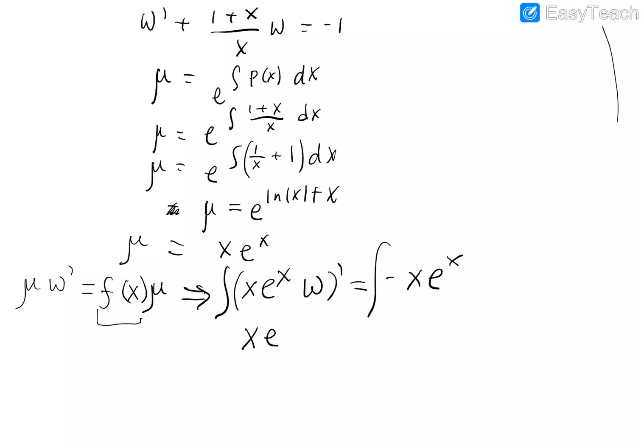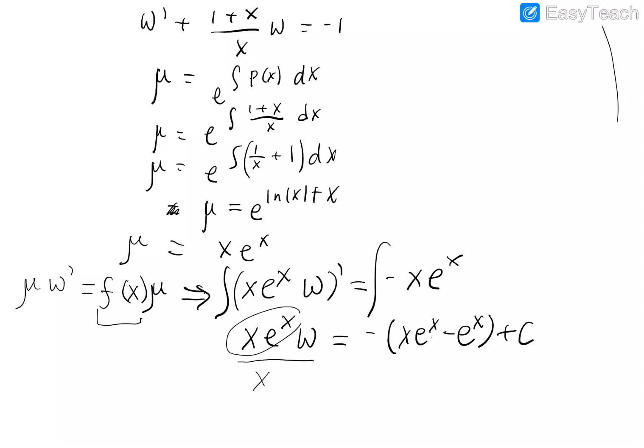We get x e to the x w is equal to the negative integral of, plus c. And what we could do here is divide everything by this term.